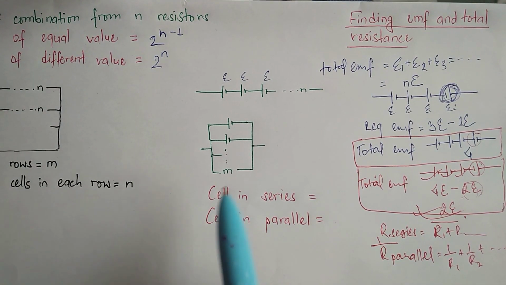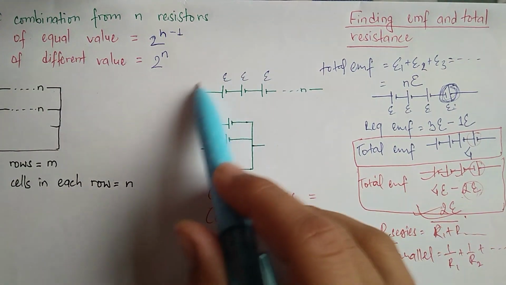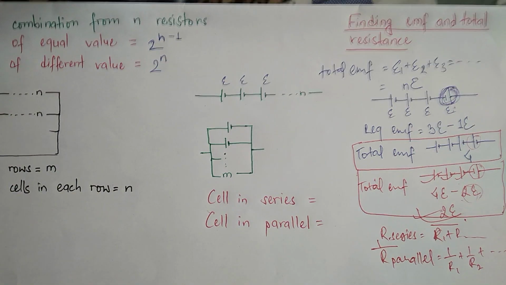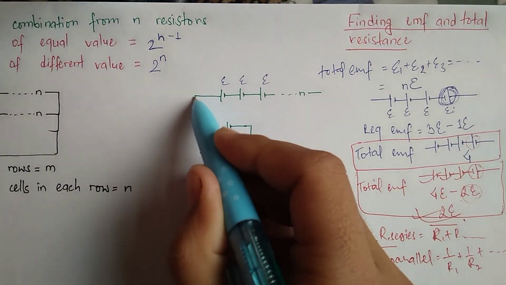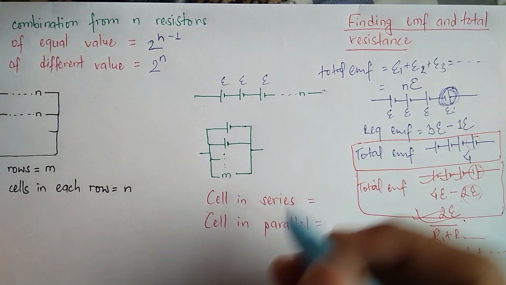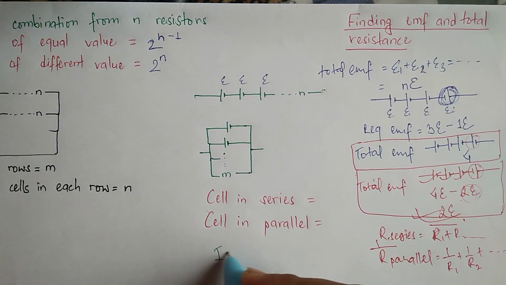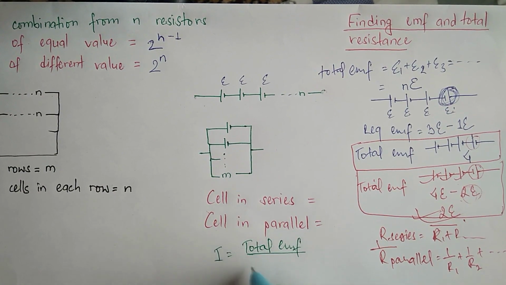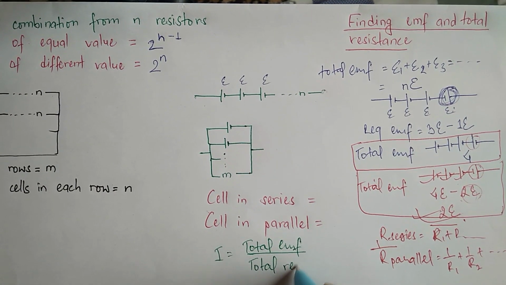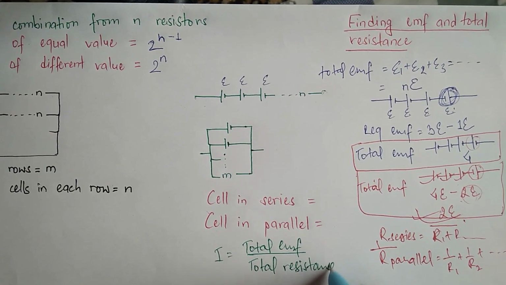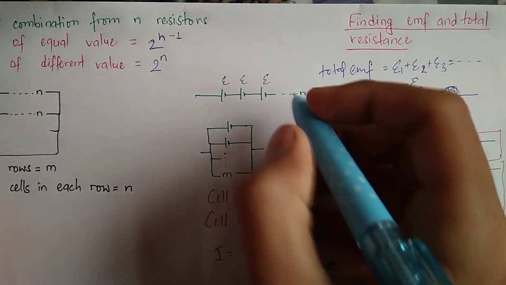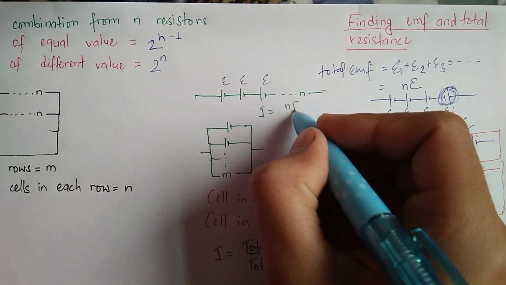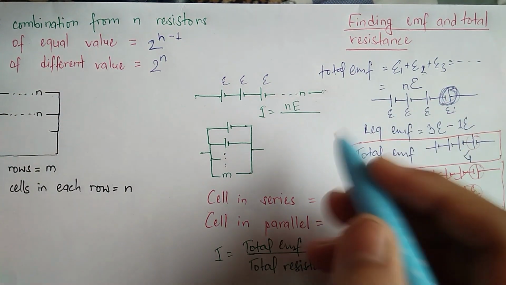So now let's discuss combination of cells. Cells are in series. So now the required current through them will be, well, the formula for current is I is equal to total EMF by total resistance. Well, the total EMF in this case will be 1 2 3 dot dot dot, so it will be nE, like I discussed earlier.